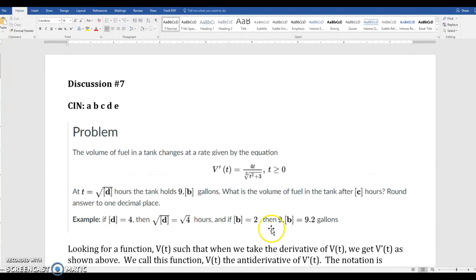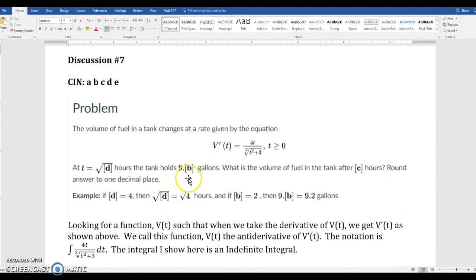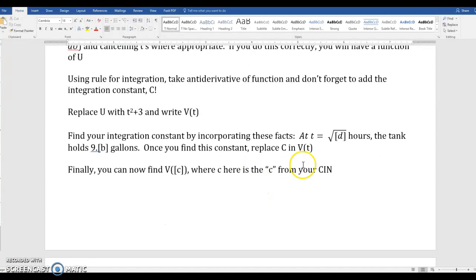Find the volume. The original question here is, what is the volume of fuel in the tank after C hours? So once you have done everything to find the integration constant, you have the volume equation, you can substitute your value of C for t, and then you can find the volume after C hours.